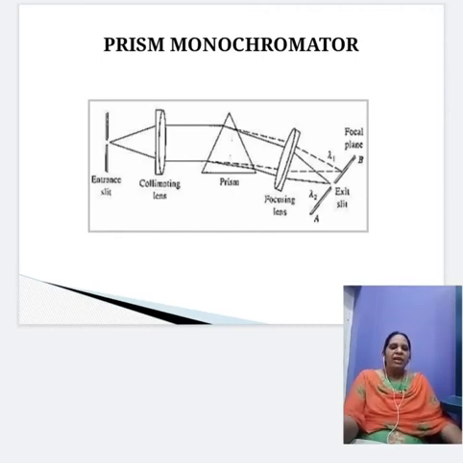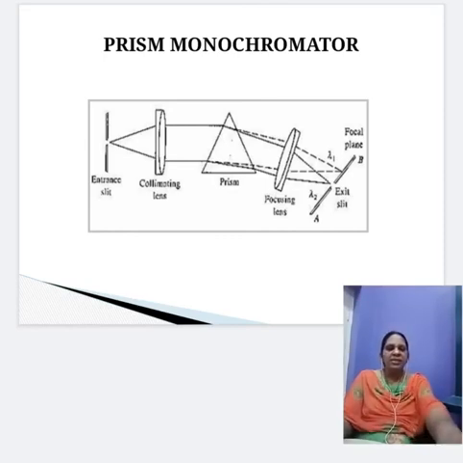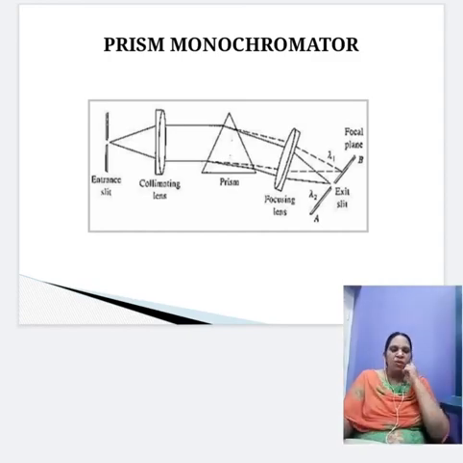When they fall on the focusing lens, it will make your radiation of desired wavelength focus on the exit slit. What does the exit slit do? The exit slit isolates the desired spectral band. So this is the construction of a prism monochromator, where the prism is used as the dispersive medium.